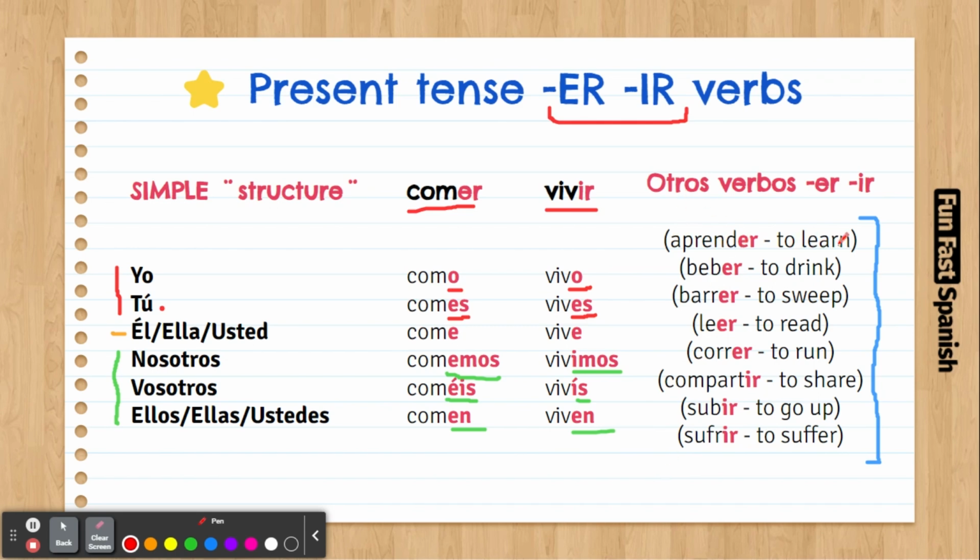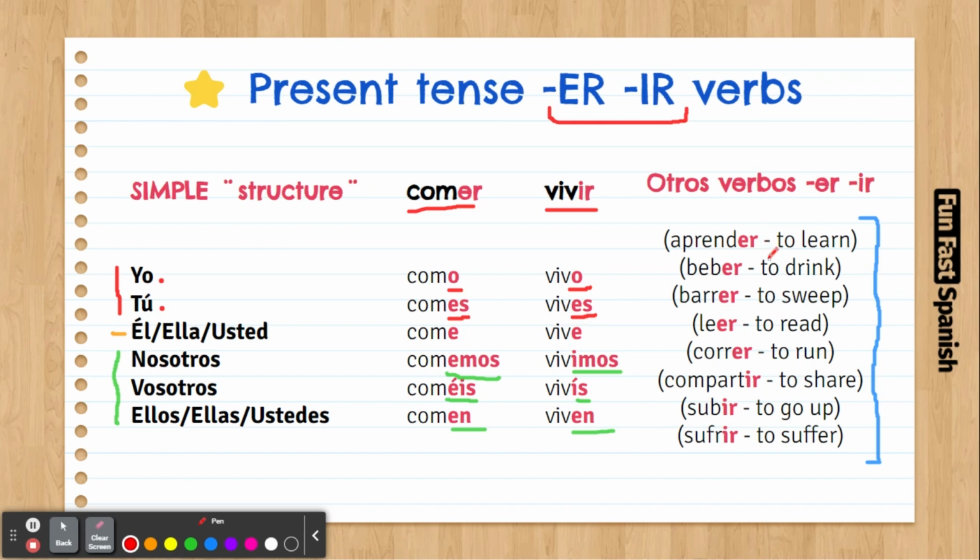Aprender is to learn. How do you say I learn Spanish? I'm going to give you 4 seconds to think about it. Okay, so the answer will be yo aprendo español.